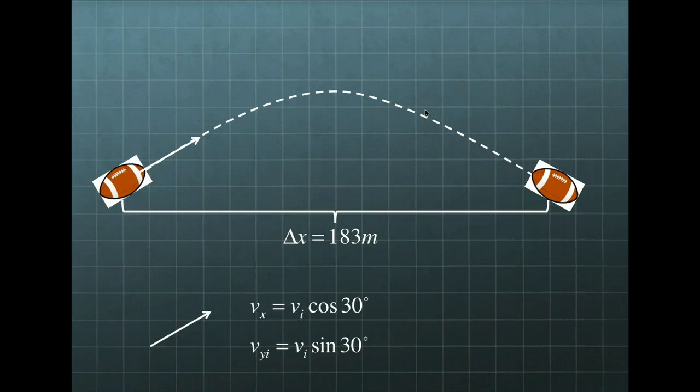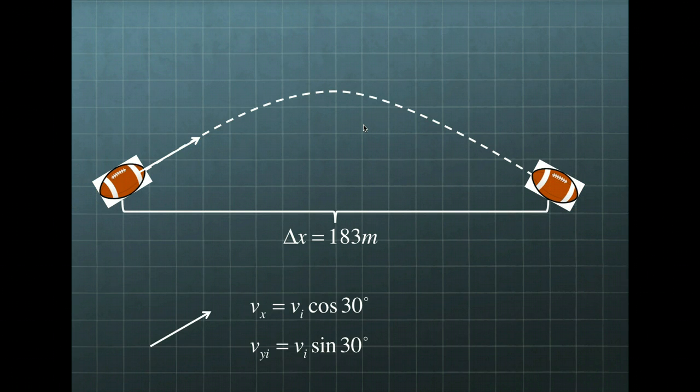And then Vy is going to be changing because of gravity, and acceleration due to gravity is negative 9.8 or negative 9.81 meters per second squared. That is going to slow my ball down vertically to a complete zero, and then it's going to accelerate and hit the ground with the same initial speed.